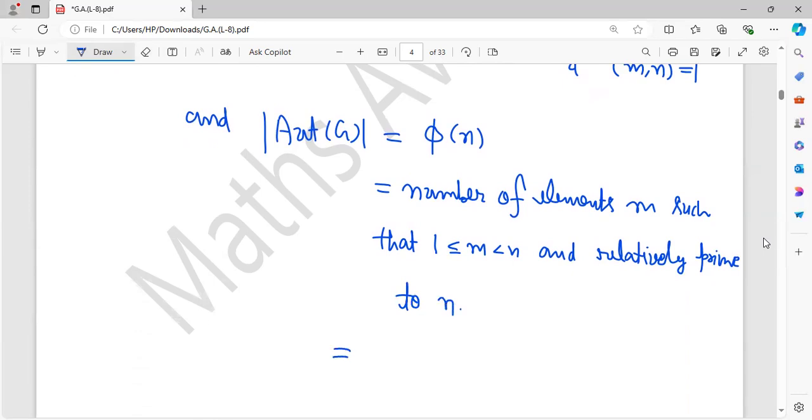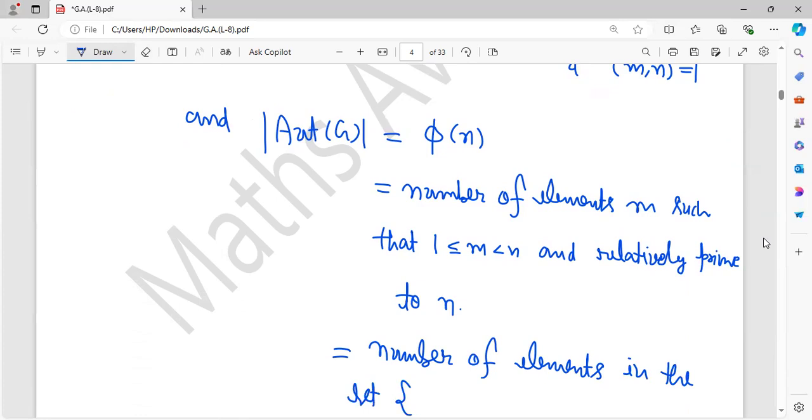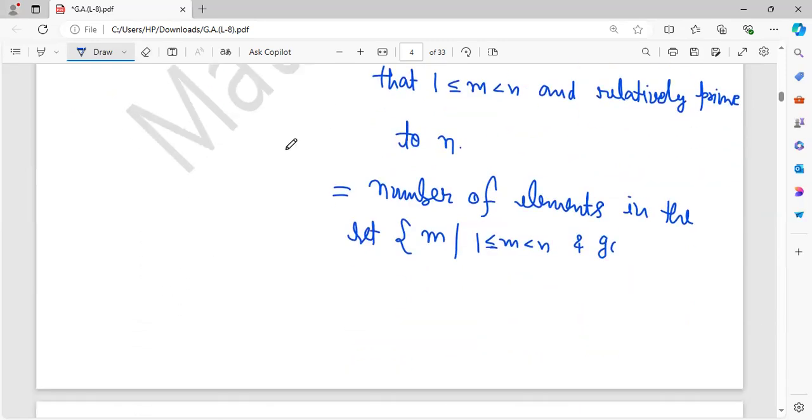It means the number of elements in the set where GCD of m and n is 1. Okay.